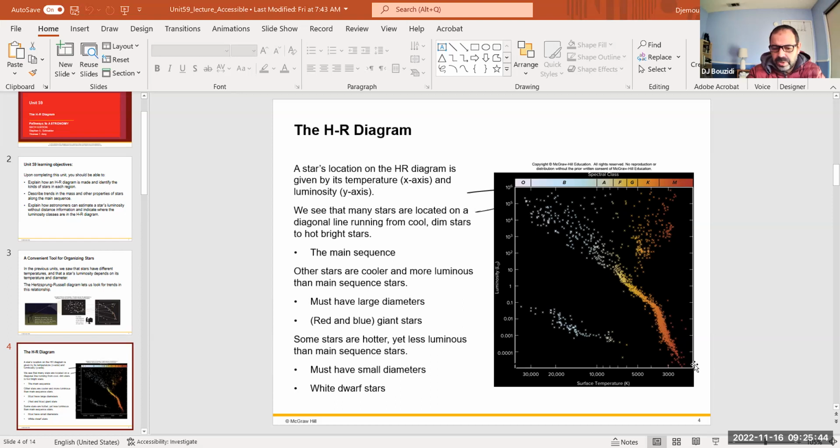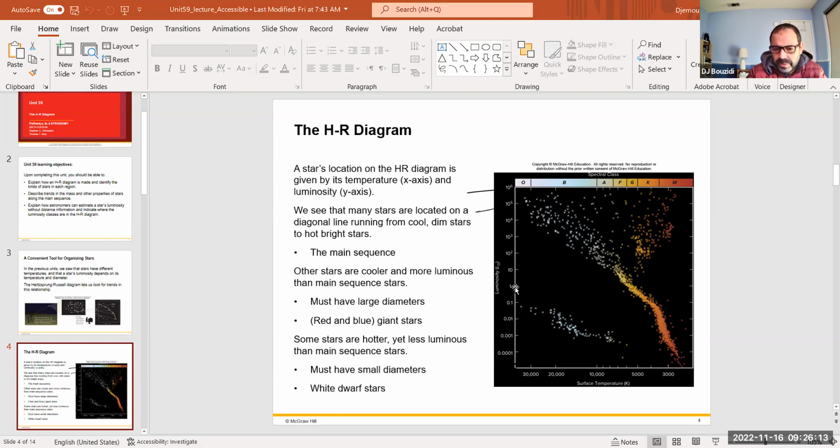So remember the following: the temperature is cooler as you move away along the x-axis, and hotter as you're closer to the origin of the x-axis. That's one thing. Furthermore, the scale on the y-axis is not linear, meaning between one and this point in here that appears to be only one gap, there is a difference of 10 times more luminous.